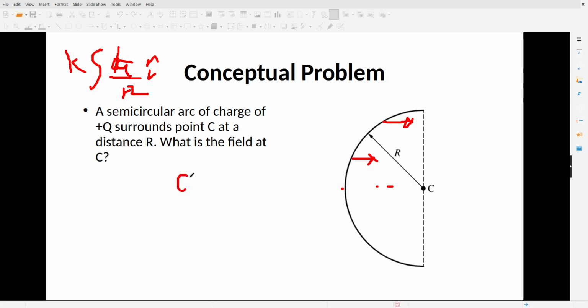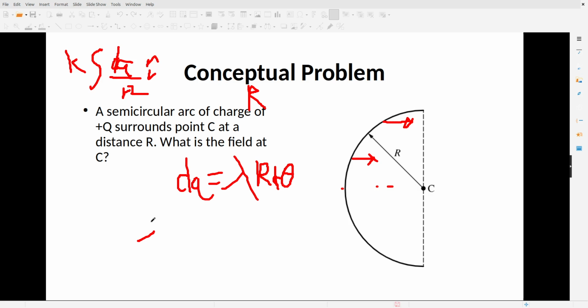So let's keep going. dq is going to be lambda r d theta. R is just going to be the constant r. So let's look at what we have here.